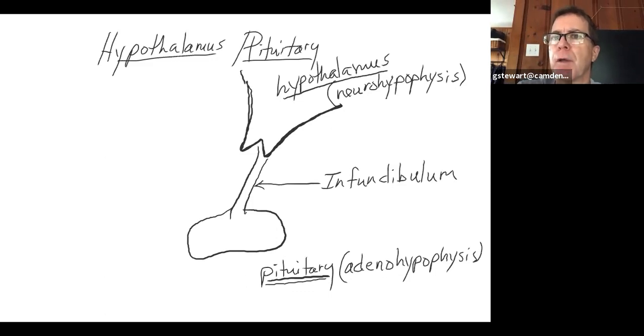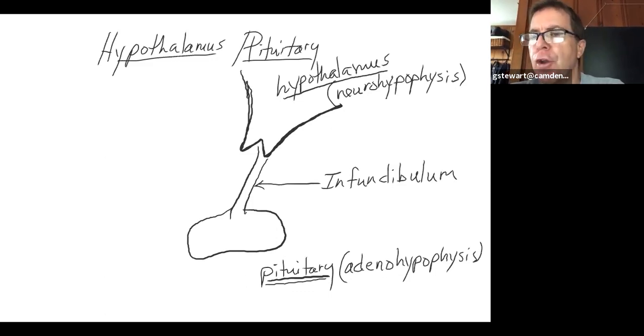All of this tissue in the hypothalamus, we call it neuroendocrine tissue, and we call this a neuroendocrine gland because it has neural tissue and hormone secreting tissue all in the same organ. Now the pituitary, the adenohypophysis, is divided into two sections like this.